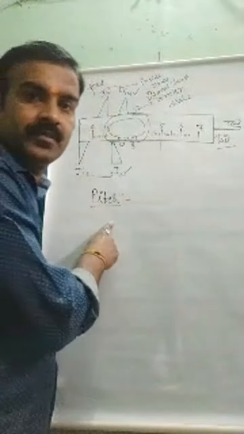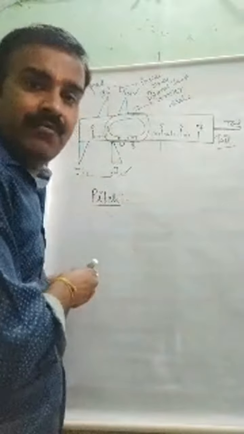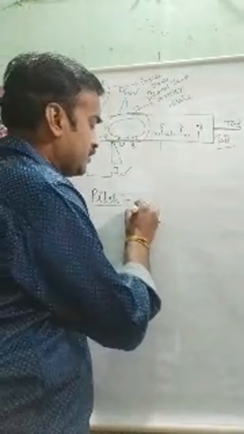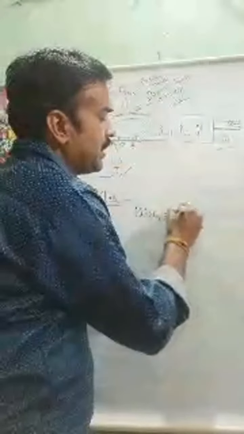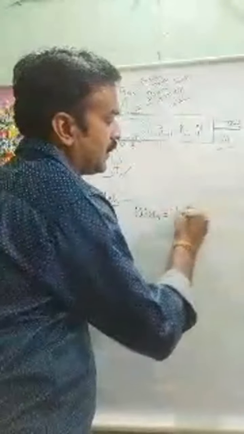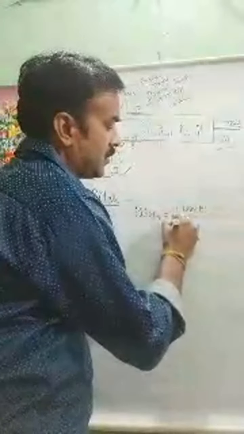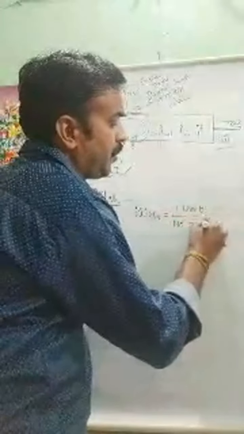Pitch. Now the formula for pitch is: pitch equals 1 unit upon number of divisions.